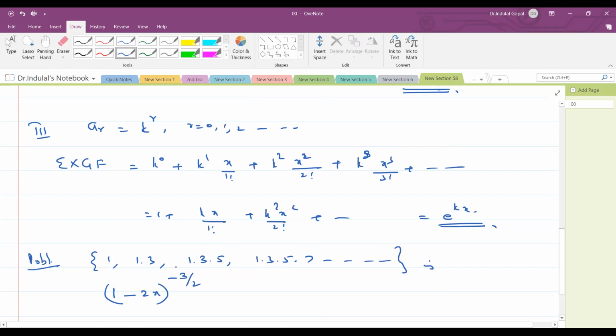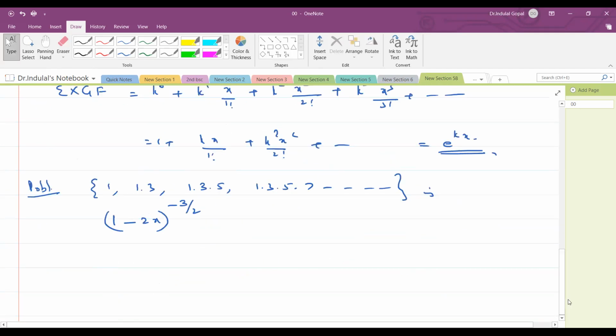Prove that the exponential generating function for the sequence. See, these are the terms of the sequence. So here a0 is equal to 1, a1 equal to 1 into 3, a2 equal to 1 into 3 into 5, a3 equal to 1 into 3 into 5 into 7, etc. So we want to show that this is the exponential generating function.